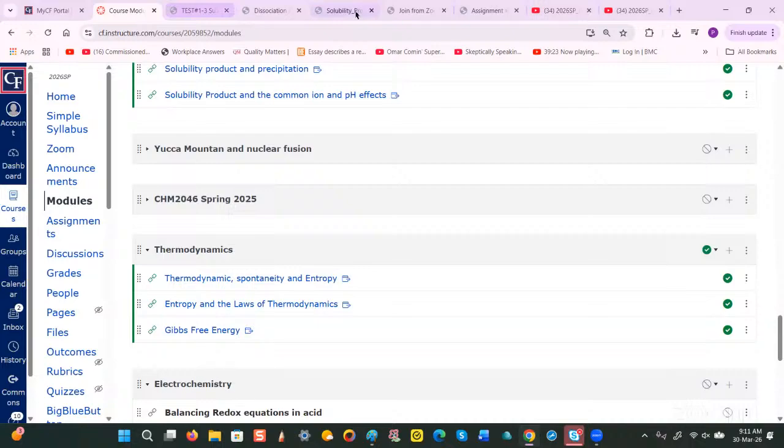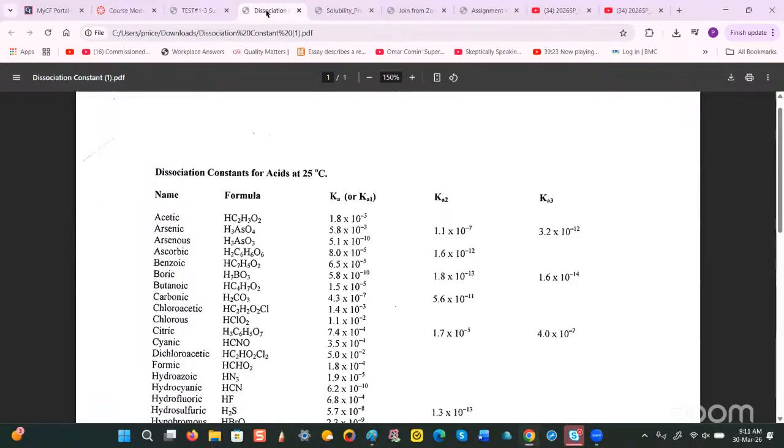I just had a quick question about the table that you showed us. What were the Ka2 and Ka3 values that were on there? Okay, so that's for acids that can release more than one proton, right? For the release of the first hydrogen ion, the Ka1 value would be for that release. And then for the second hydrogen ion, that would be Ka2 and Ka3 for the third hydrogen ion. Are we gonna need to use that for the exam?